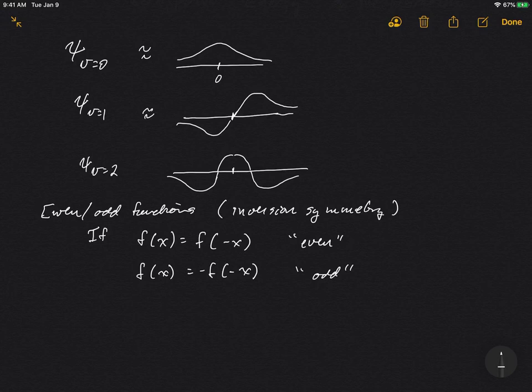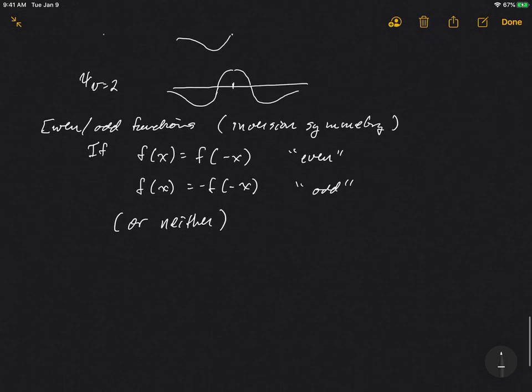Some functions are neither. However, a lot of the functions that we end up with in quantum mechanics, particularly for these simpler problems, are going to have a lot of symmetry, and so we can take advantage of this even odd symmetry.